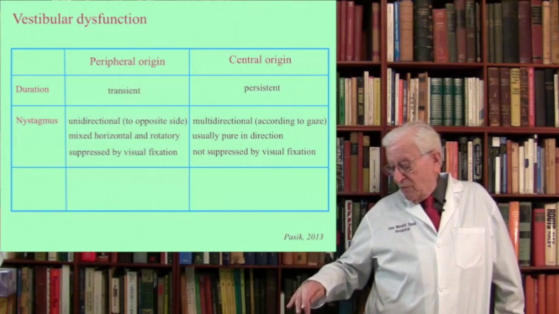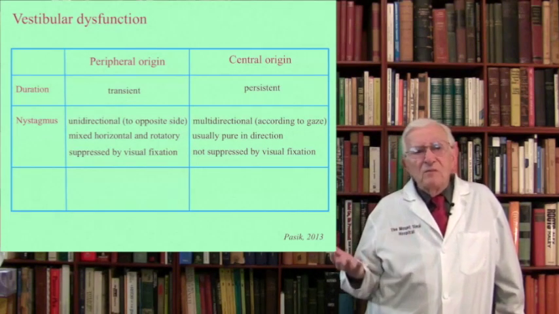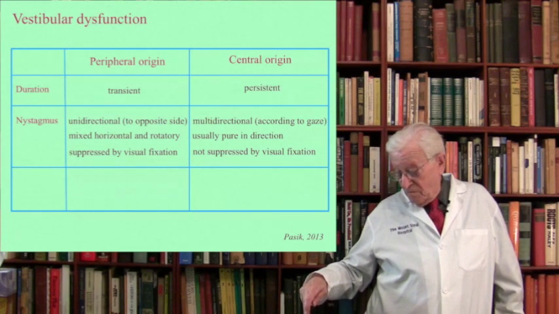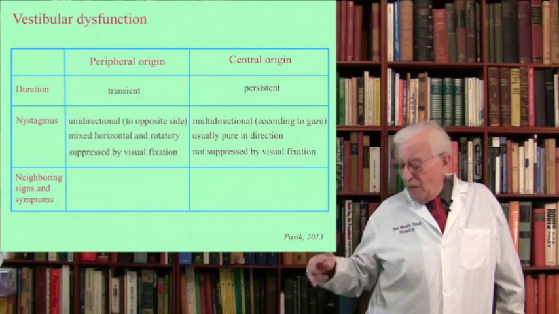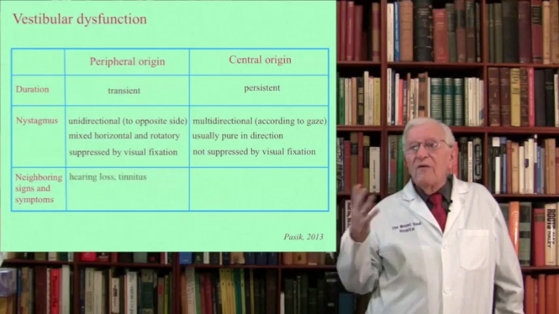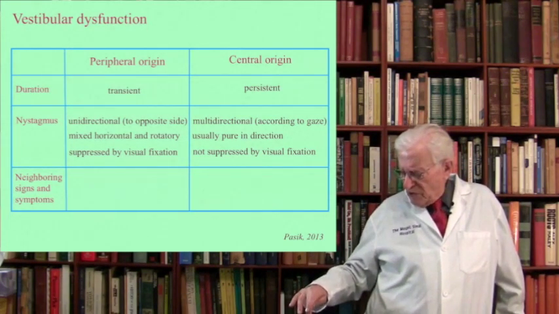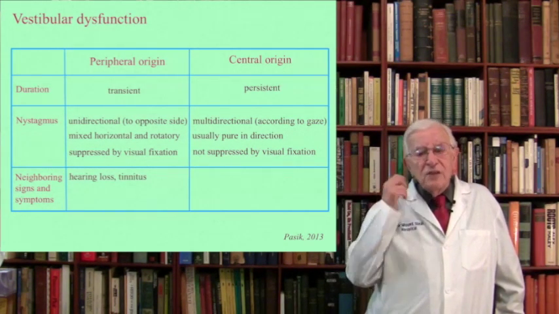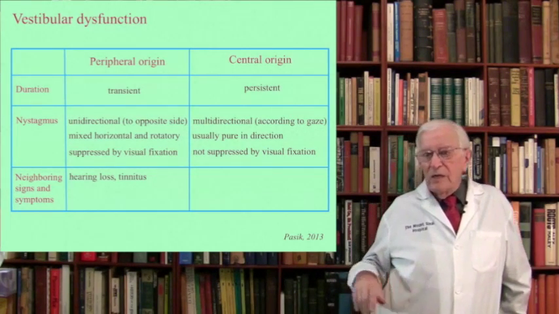The other thing, which is of course very important, is the concomitant phenomena of other dysfunctions of peripheral or central origin. For instance, in the peripheral origin, when the problem is in the periphery, in the inner ear, you will also have problems with the cochlear function, auditory function. You may have hearing loss, or tinnitus, this ringing of the ears when there is no ringing really.